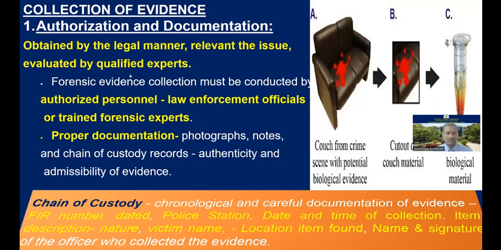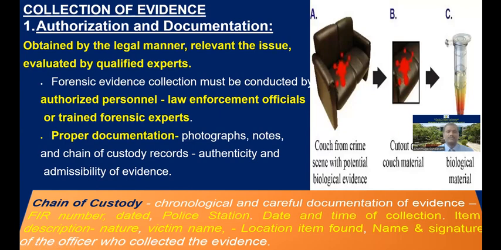Now we see the first process, the collection of evidence. The collection of evidence is one of the most important and challenging aspects for the investigating officer or the forensic expert in the crime scene. First, we think about authorization and documentation of the collection of evidence.